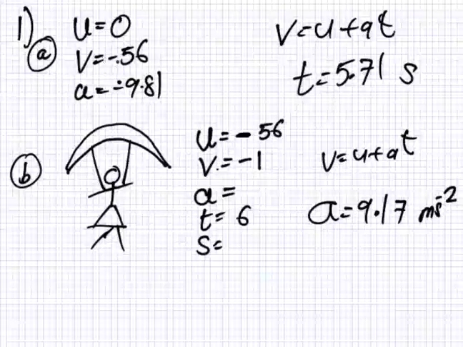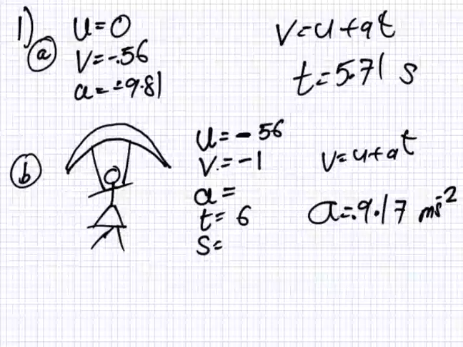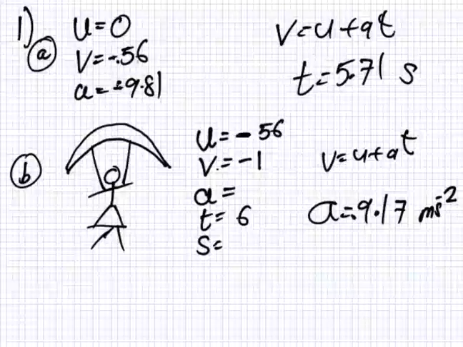Then if you said plus here, you should get minus here. That is correct. Did you get minus 9.17? That's right, because you said plus and plus here at the start. Yeah, that's fine. Okay. Right.